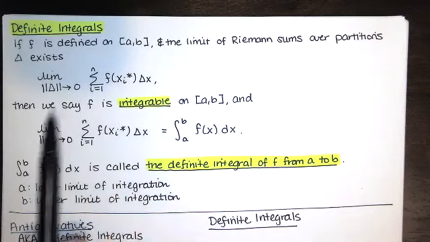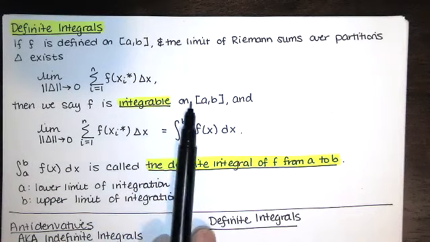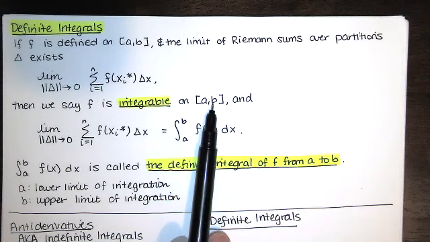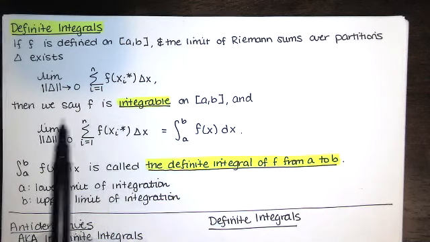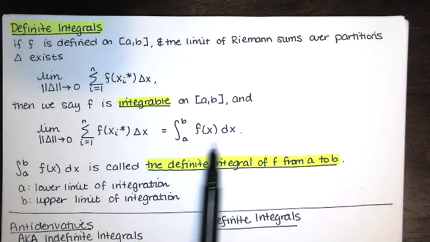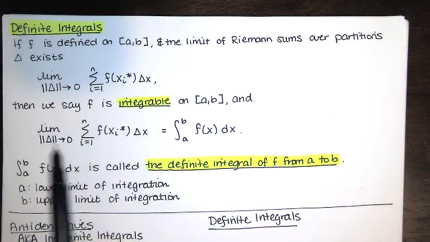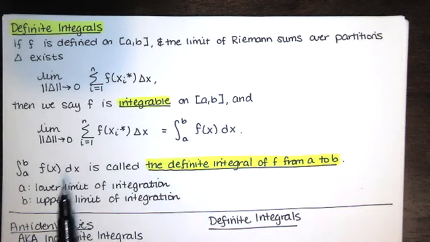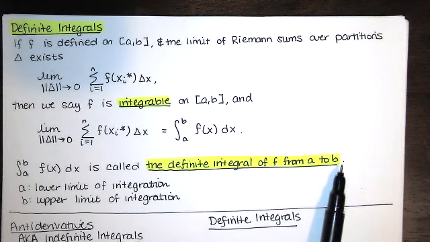If that works, then we say that the function f is integrable on the interval from a to b, and this is equal to this. Now this is the notation we tend to use, but this means this. This is called the definite integral of f from x equals a to x equals b.